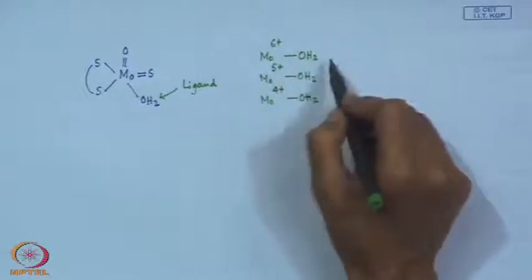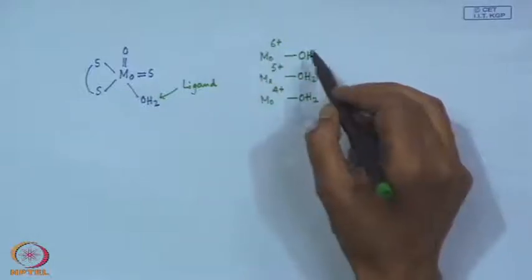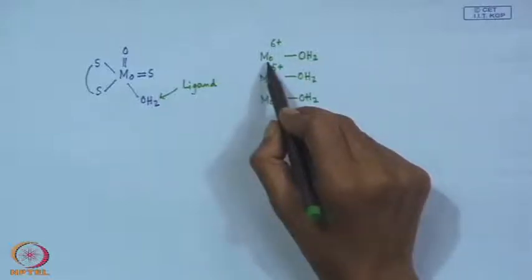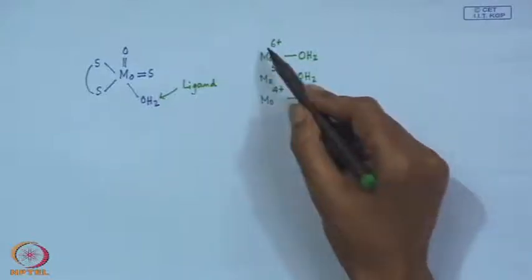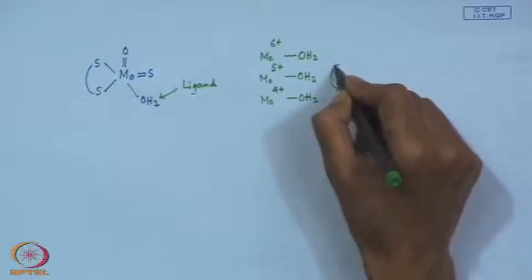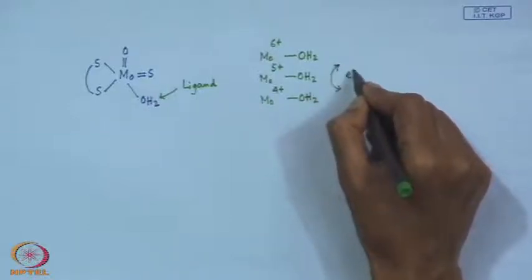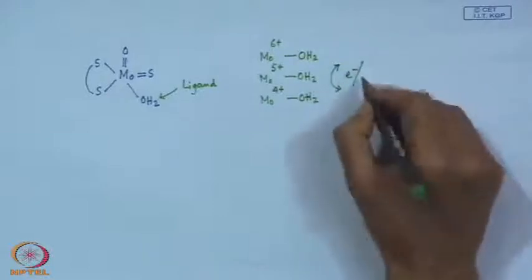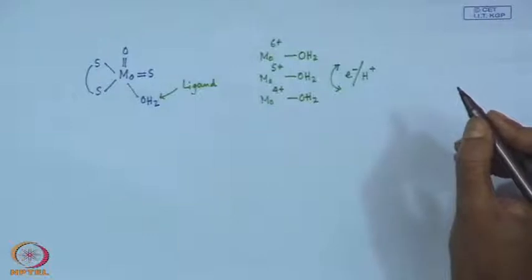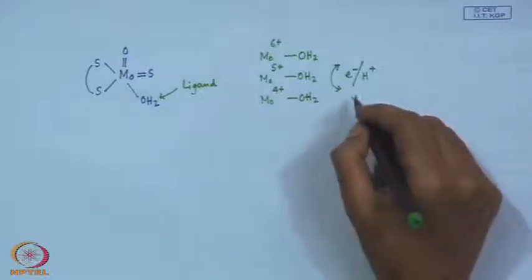Initially, when nothing else is available, we have the loosely bound water molecule, which forms a coordinate bond to the molybdenum center. Depending upon its transfer, that means how it is settling between this electron change, it can also consider the corresponding equilibrium related to the proton transfer.